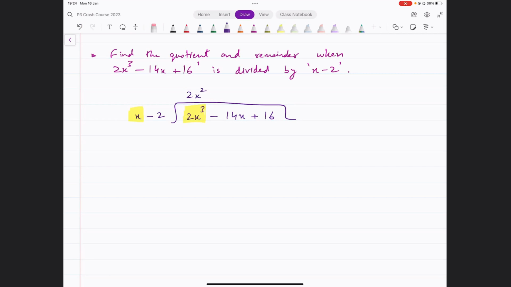So that's the first term of the quotient that you've got there. Now 2x squared into x minus 2, what does that give you? That gives you 2x cubed minus 4x squared. Okay, change the signs. When you change the signs, this gets cancelled.